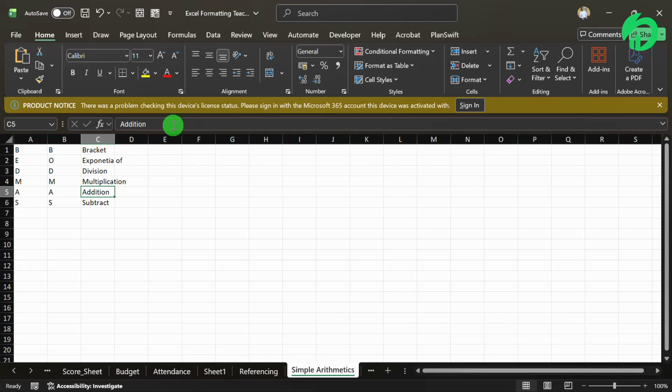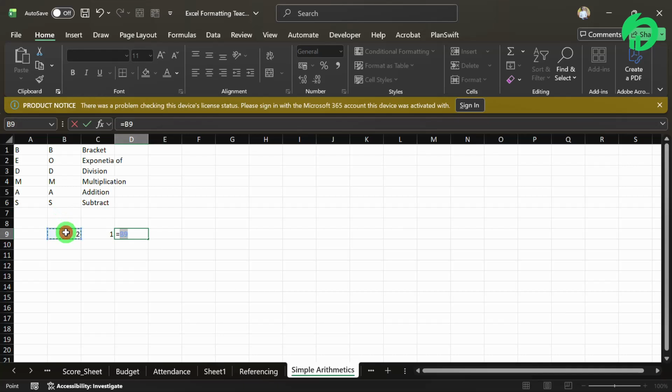This is our bedrock of mathematics, and this is our foundation of mathematics. It is worth knowing that this also applies in Excel. So if we need to do our simple mathematics, there is no two ways about it. We can either do it as equals to this plus this, which is equals to 3.